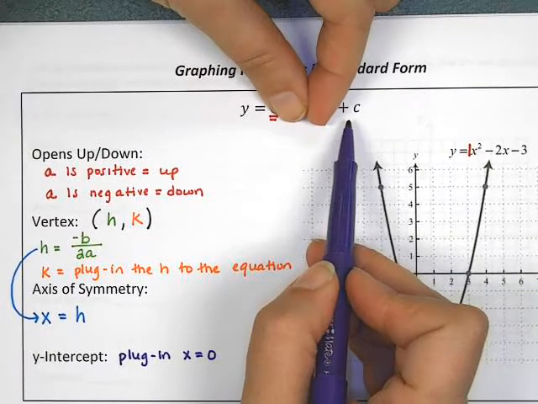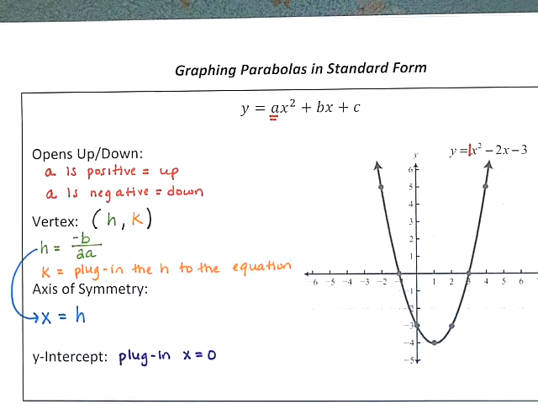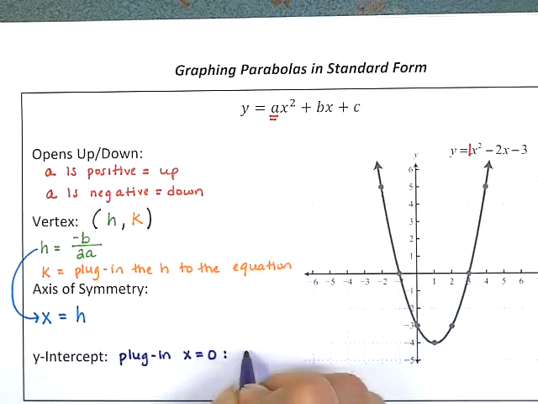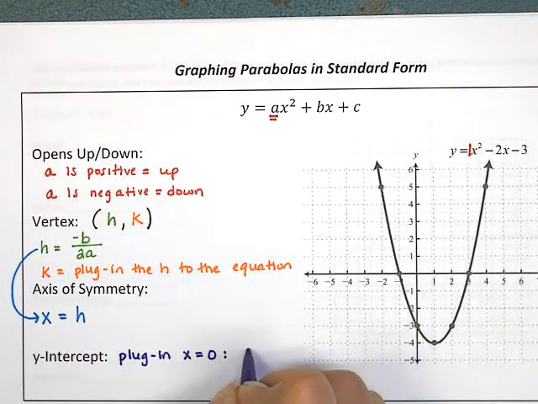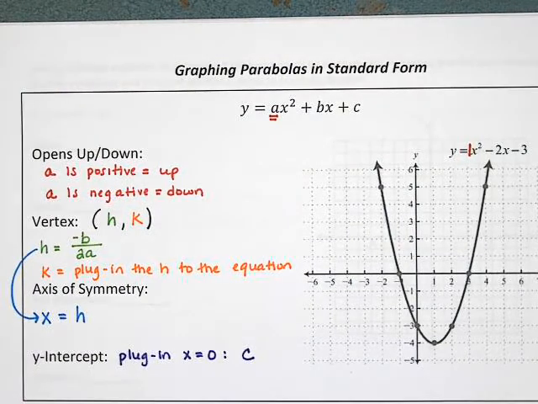So all that's going to be left is the c. So when you plug in x is 0, your y-intercept will always end up being just your c value. So let's take a look at an example where we're going to use this process to figure out how to graph one of these functions.